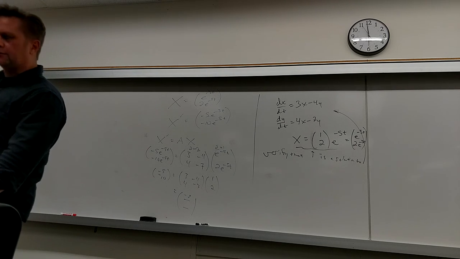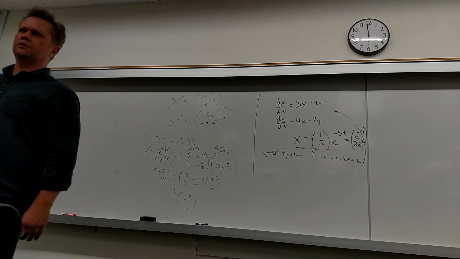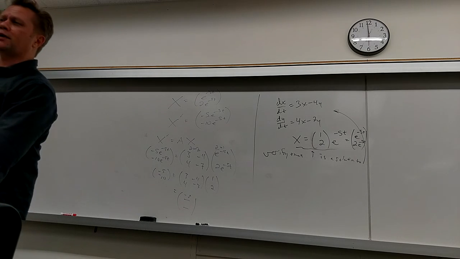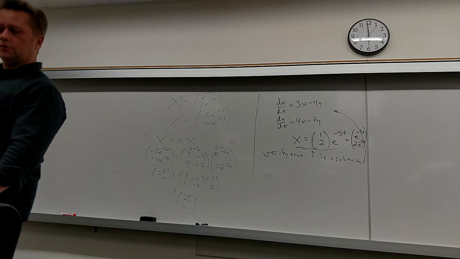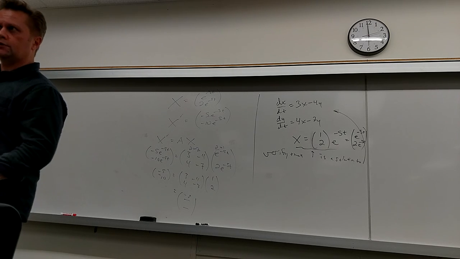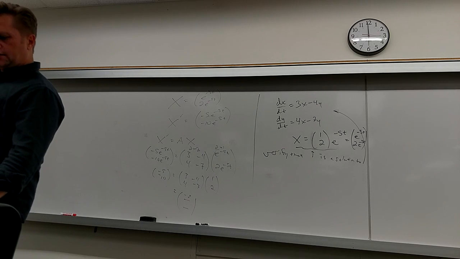Constant coefficient problem should be bread and butter. That comes up several times, so it's hard to forget. But variation of parameters, we haven't done that since we talked about it, so that's a good one to look at again. Undetermined coefficients should hopefully be pretty straightforward. You just have to put up with matching the coefficients.